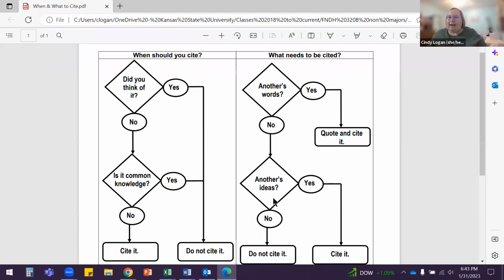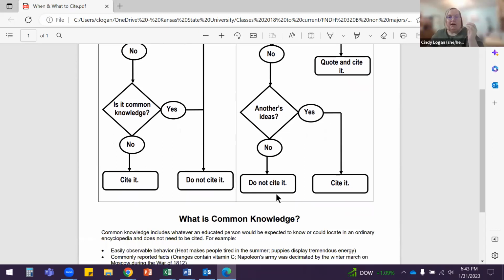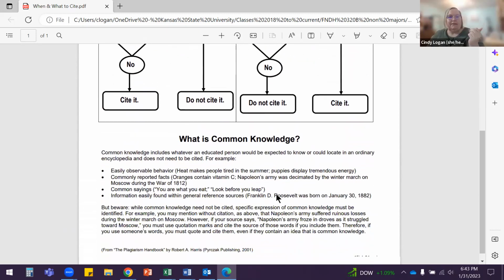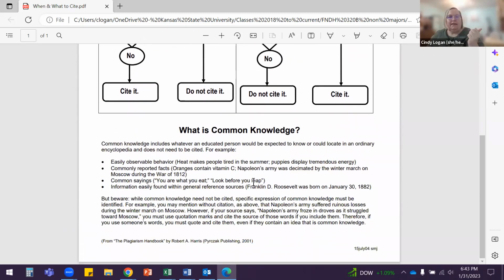It's still the idea of those authors, so you will need to cite it. If it's not someone else's ideas, which is pretty much taking it back around to that it was what you thought of, then you do not need to cite it. Here are some examples of common knowledge.